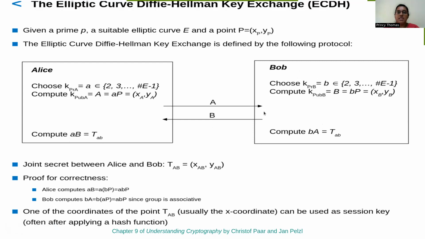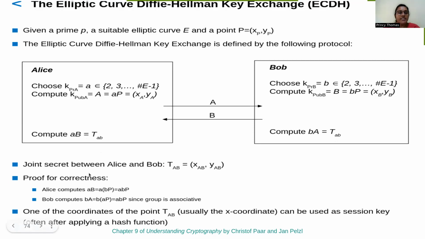Bob does the same: he takes Alice's public key and multiplies it with his private key and gets TAB. Now, TAB is the session key. This session key can be used with any symmetric key algorithm like AES or triple DES, and they can securely transfer messages.